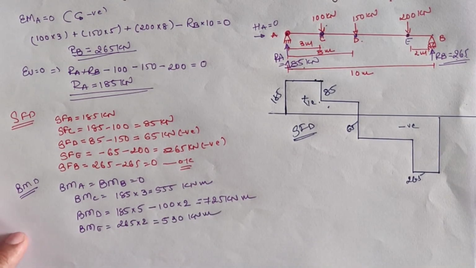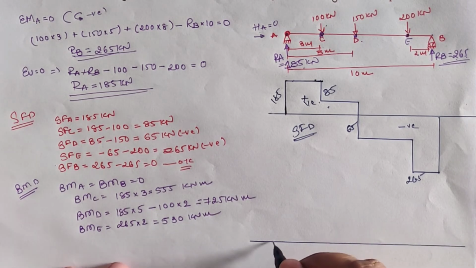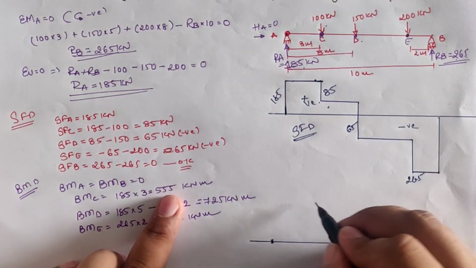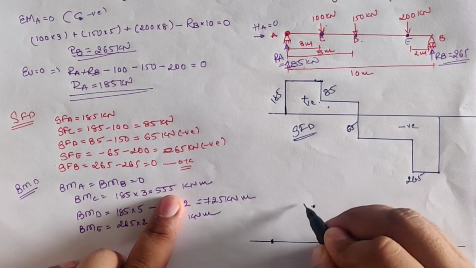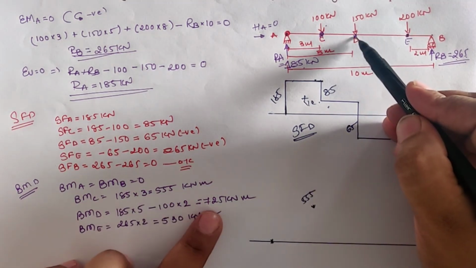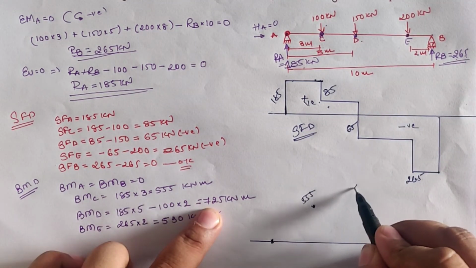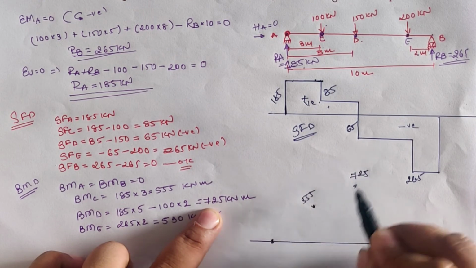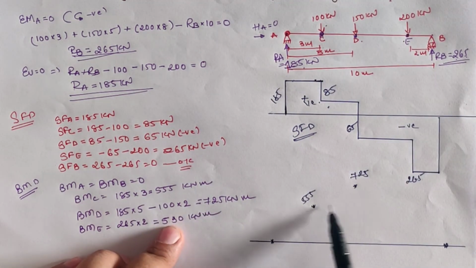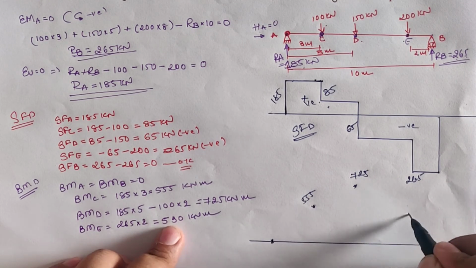Now using these values we have to plot the bending moment diagram. First, the bending moment at location A and at location B is 0. At location C our value is 555. At location D, the midspan, the value is 725, and at location E the value is 530, which is less than 555.